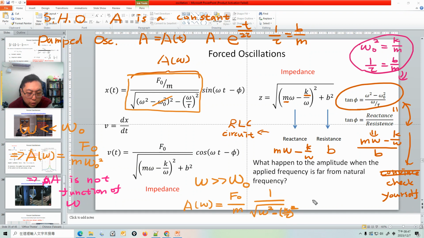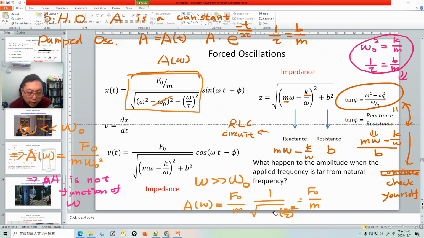Okay, so we can do a little modification here. F0 over m, and we factor the omega out. This will become 1 minus this omega square. Oh, this omega 4. Okay, I see, I got it.